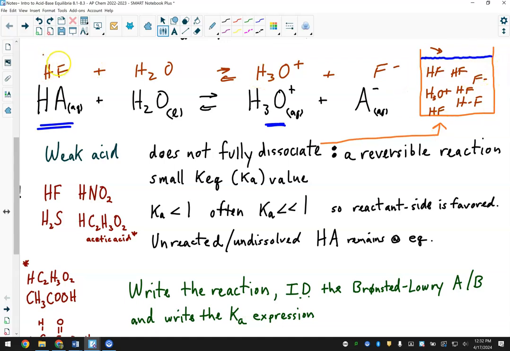Well, why does it dissolve? HF, even though it's covalently bonded, is polar, and it dissolves as a polar covalently bonded thing. But once in a while, how does water remove that hydrogen ion? If you remember, this oxygen approaches that hydrogen, as we've drawn before, and it pulls that hydrogen off and makes H3O.